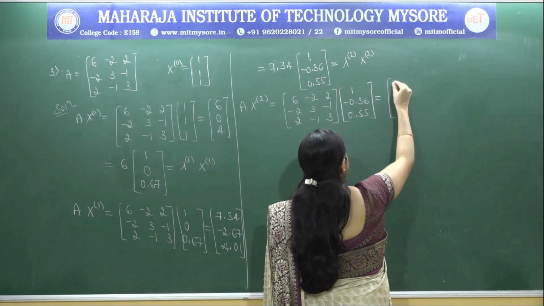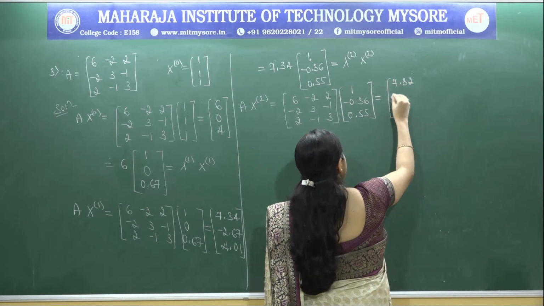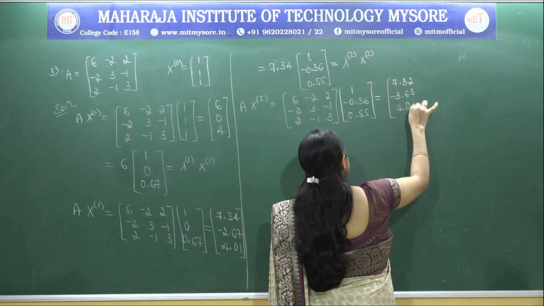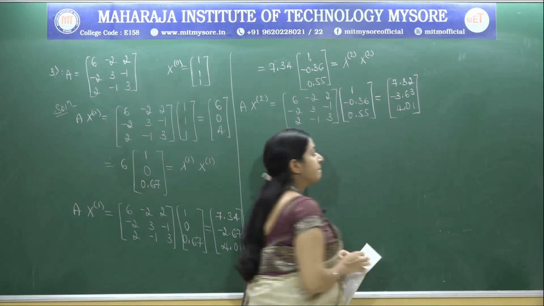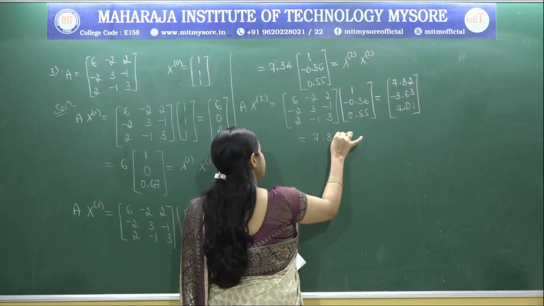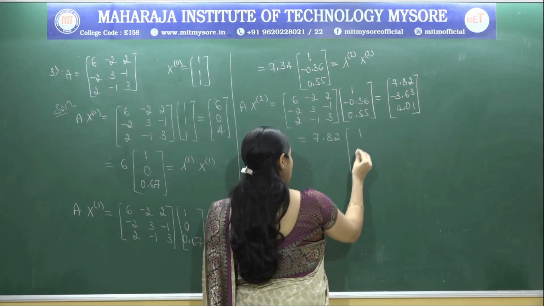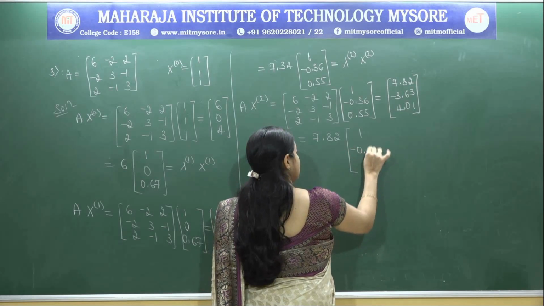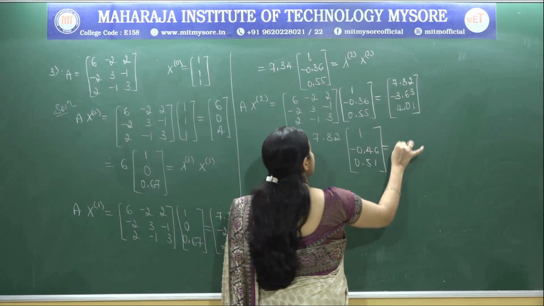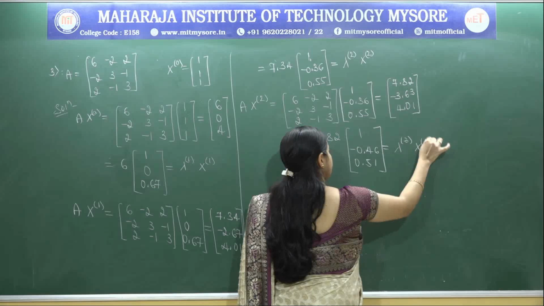So we will get the first entry 7.82, the second one minus 3.63, and 4.01. In this, 7.82 is the largest entry, keep it outside. You will get 1 as the first term, second 0.46, the third one 0.51. So it is lambda of third iteration with x of 3.